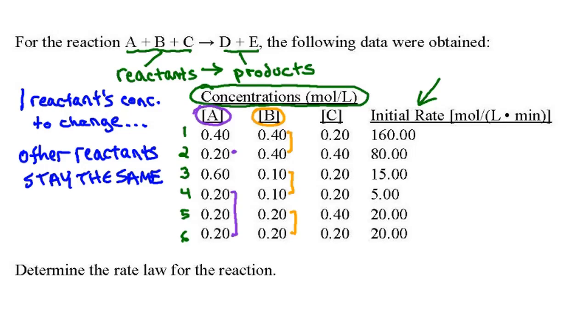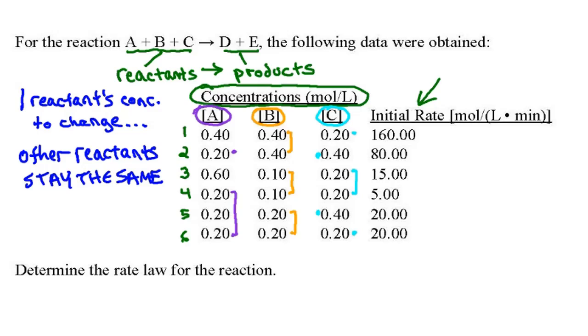Now C, we'll use light blue for C. C stays the same right here between experiments 3 and 4. It's 0.20. It's also 0.20 up here and 0.20 down in experiment 6. It's also the same 0.4 on experiment 2 and experiment 5. So let's just keep that in our mind in case we need that information.